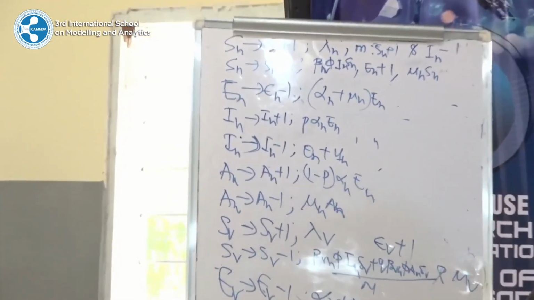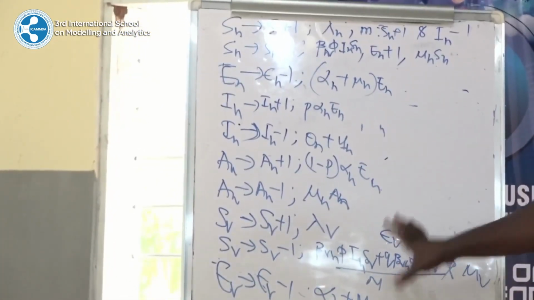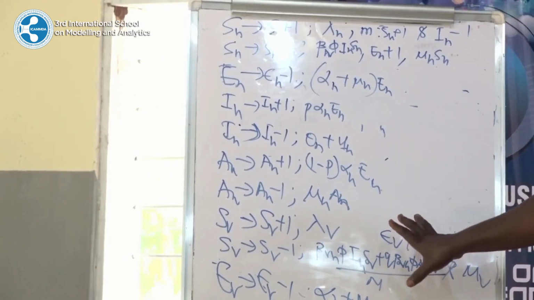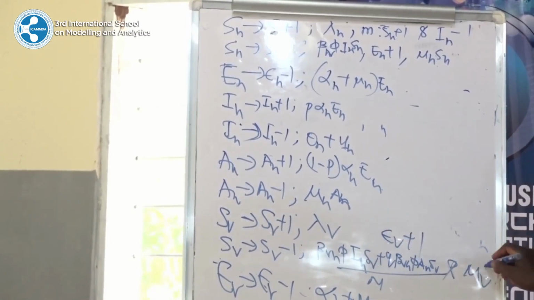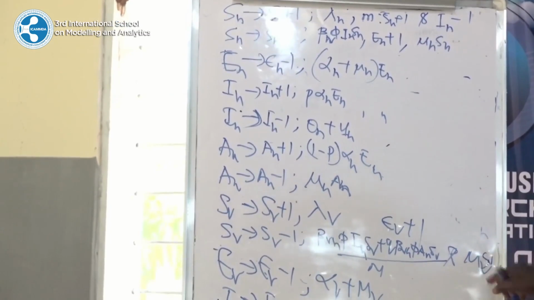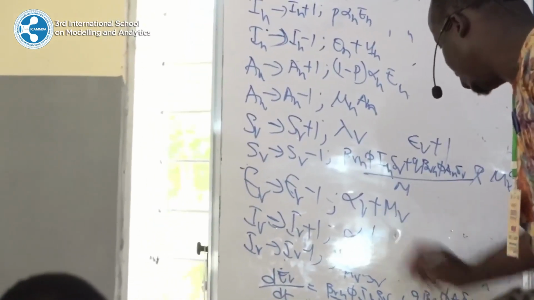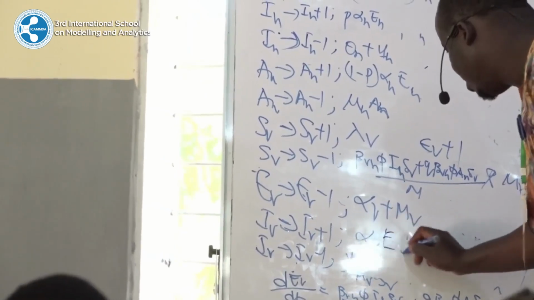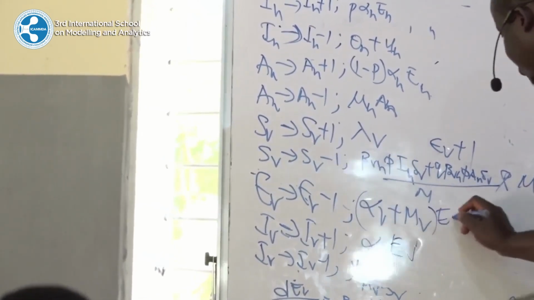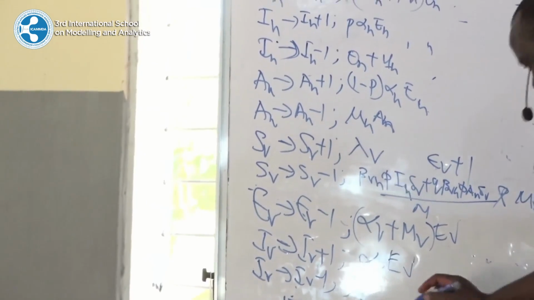The event here is saying transmission, right? The event here is saying death. I just didn't add that this is death. Okay, so it should be EV. Yeah, it's an event. It's supposed to be like that.